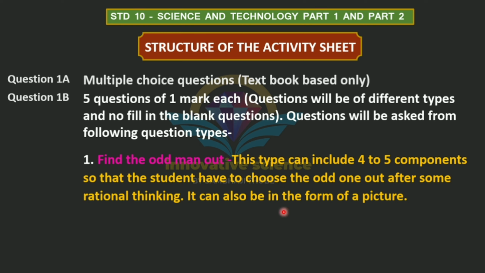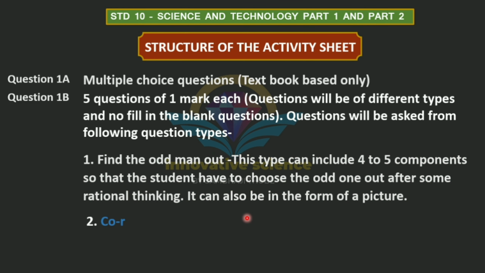It can also be in the form of a picture. That means you have to pick one odd man out from the given 4 to 5 components. And for this, sometimes pictures can also be used.